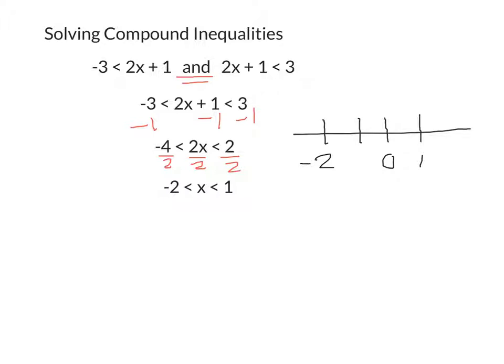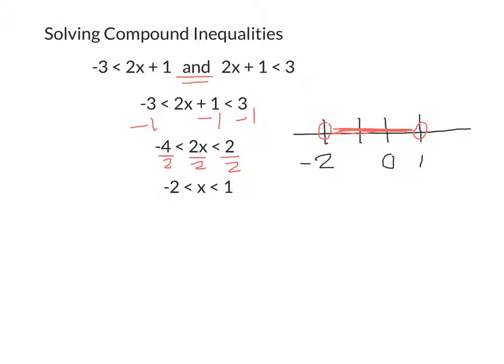Okay, and if it's between minus 2 and plus 1, but it can't equal minus 2 and plus 1, there's two ways of doing this. One way is that we simply show an open circle at minus 2, an open circle at plus 1, and we include everything between those 2 points, okay?